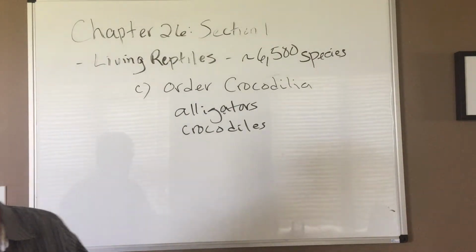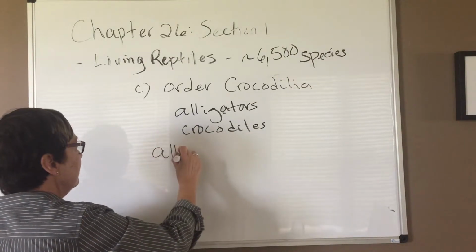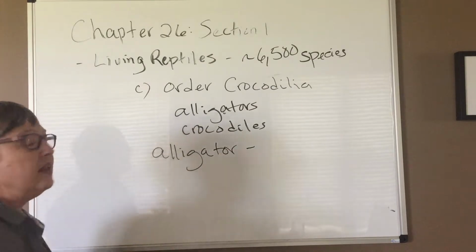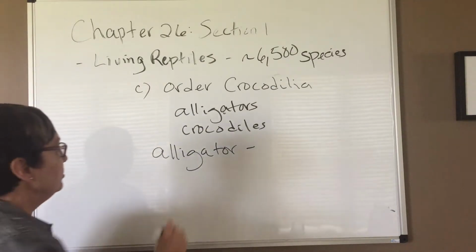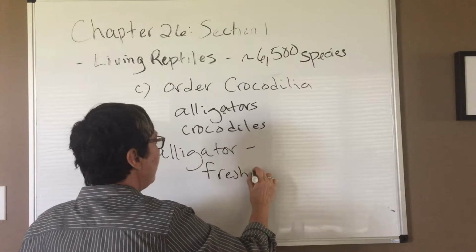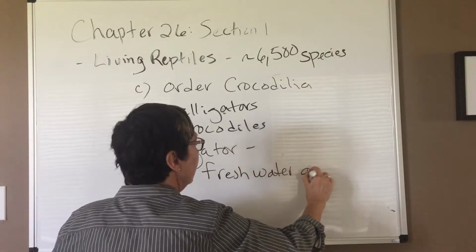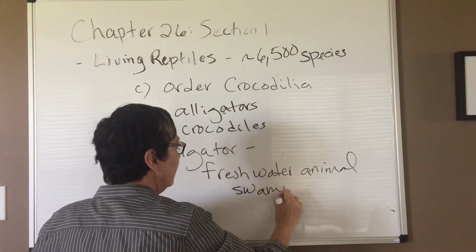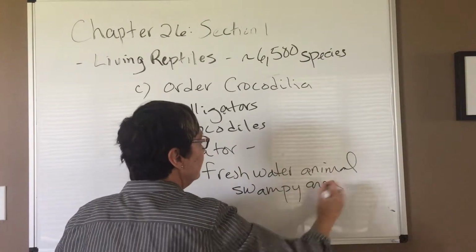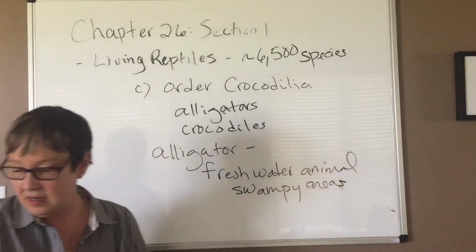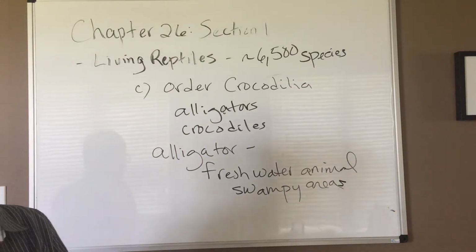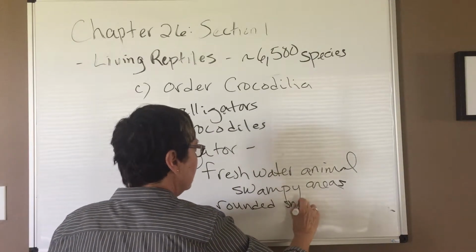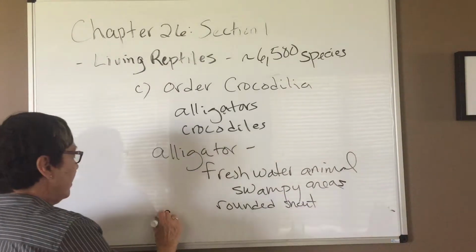All right, let's take a look at some other characteristics here, and we'll compare the alligator and the crocodile. The alligator is mostly a freshwater animal. You might see it in swampy areas, and it tends to have a more rounded snout.